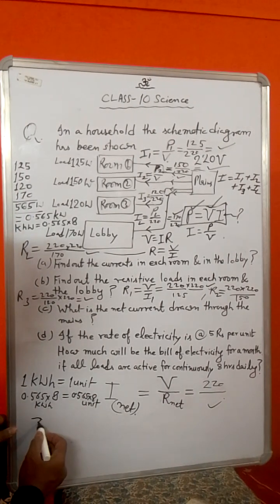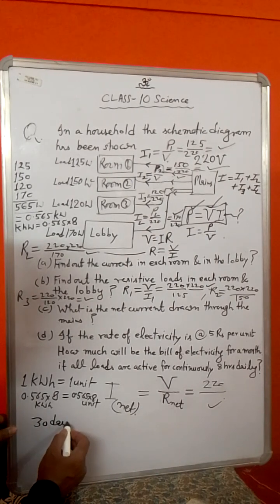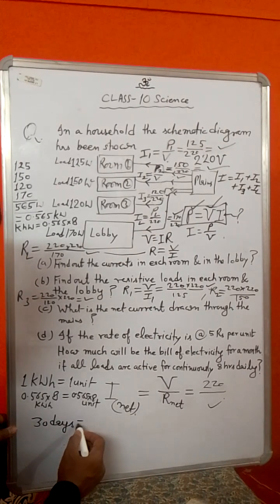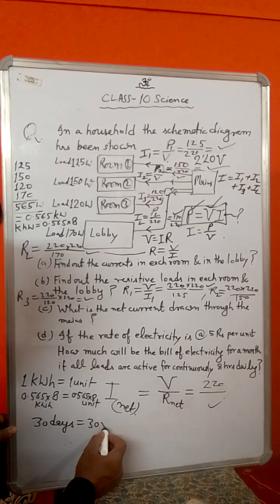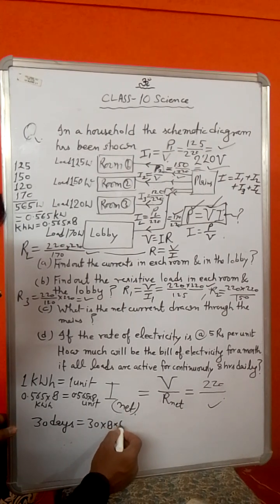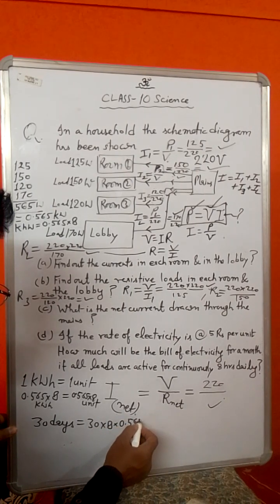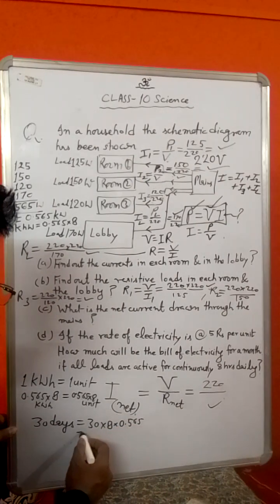So for 30 days it will be multiplied with 30 into 8 into 0.565. How much are you getting?